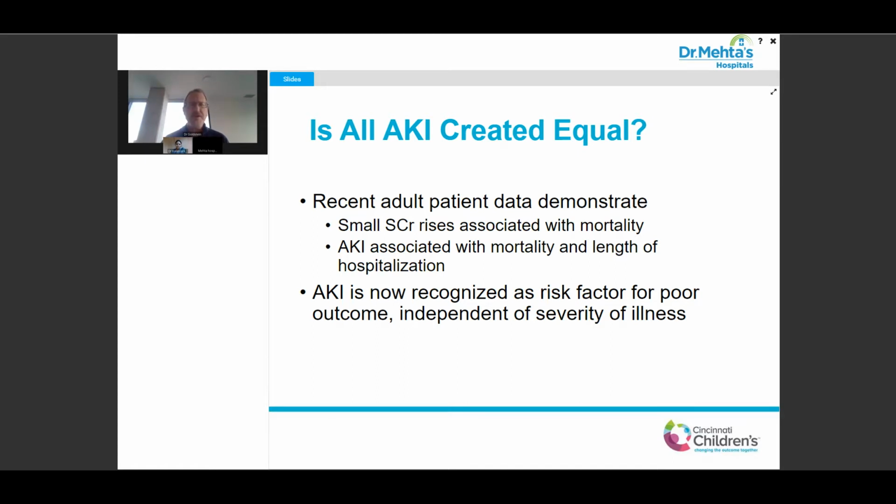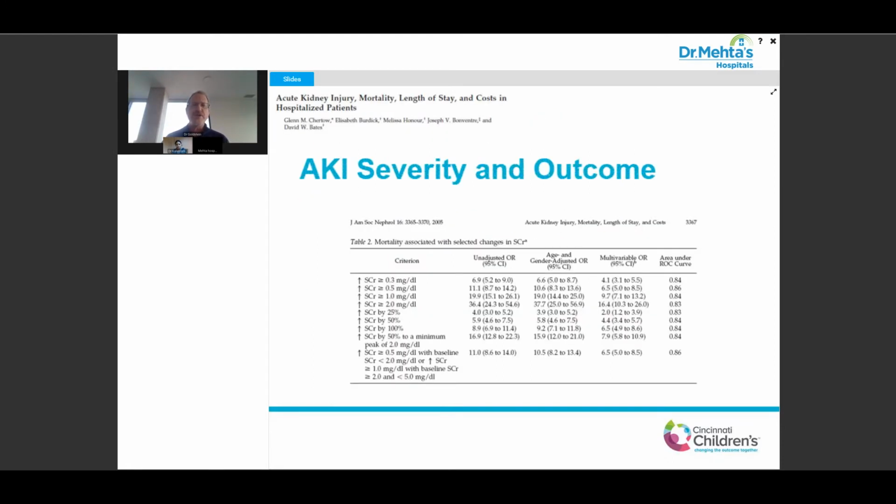It used to be thought that acute kidney injury was only an outcome and not a risk factor for poor outcome, independent of severity of illness. This really changed when the adult study by Chertow and colleagues was published in JASN.